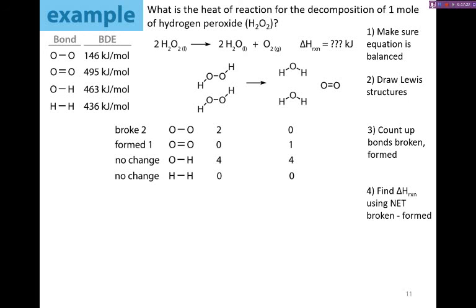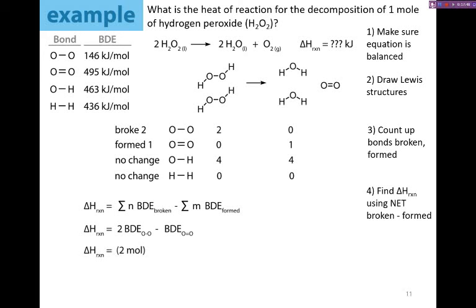So now we find the enthalpy of the reaction by using the net bonds broken minus net bonds formed. The broken bonds are going to be 2 oxygen-oxygen single bonds, and the formed bonds are going to be 1 oxygen-oxygen double bond.